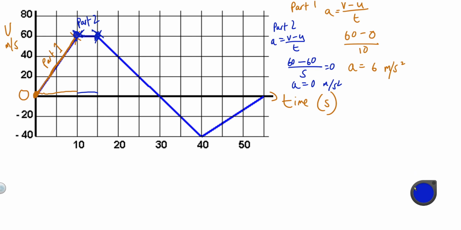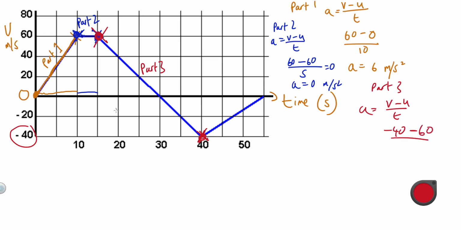Right, the next part of the journey, we start here and we finish here. That's where we're going to apply our formula. We'll call this one part 3. The final velocity is right here, negative 40. And the initial velocity right here is 60.